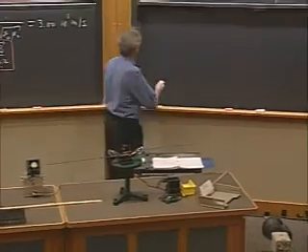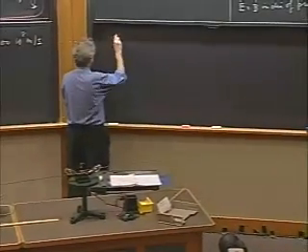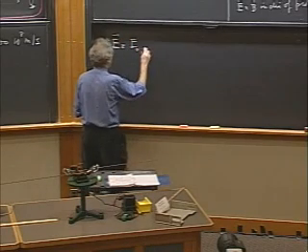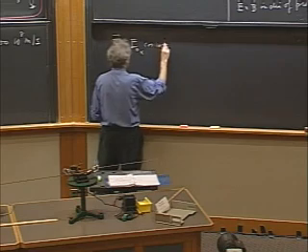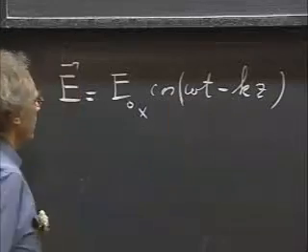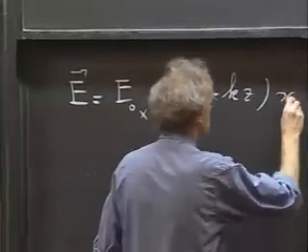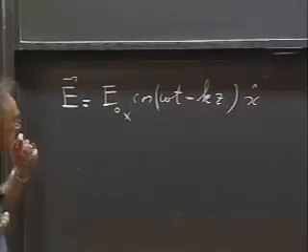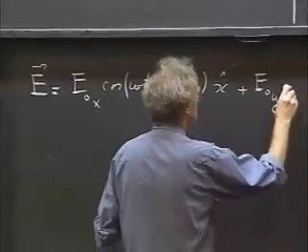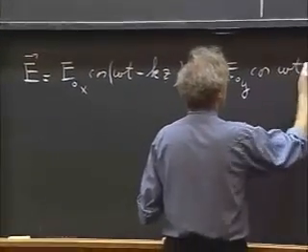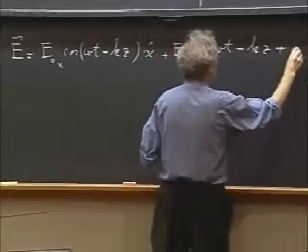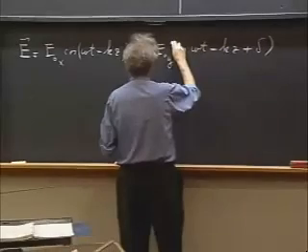In other words, the following E vector is perfectly kosher: E0x times the cosine of omega t minus kz. That would then be in the x direction. And then I would have another, E0y times the cosine of omega t minus kz plus delta, and I can give it any random phase angle delta.